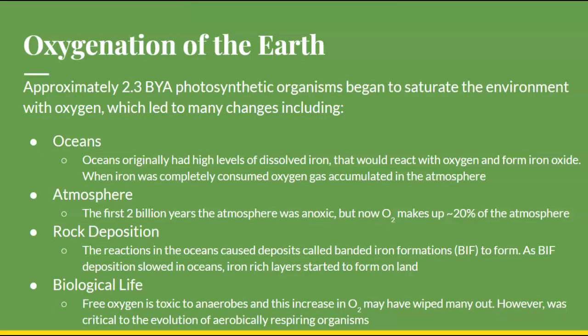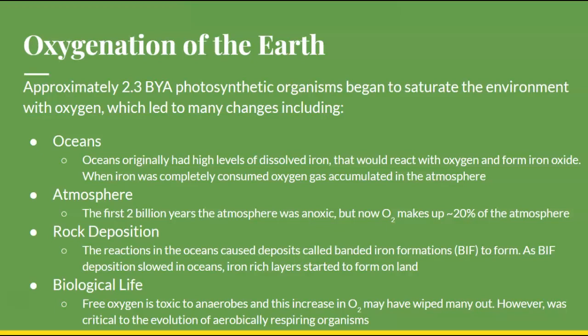When iron was completely consumed, oxygen gas accumulated in the atmosphere. So it started off in the oceans where it met with iron and formed this product, iron oxide. Eventually, it was too much oxygen, and so it went into the atmosphere.